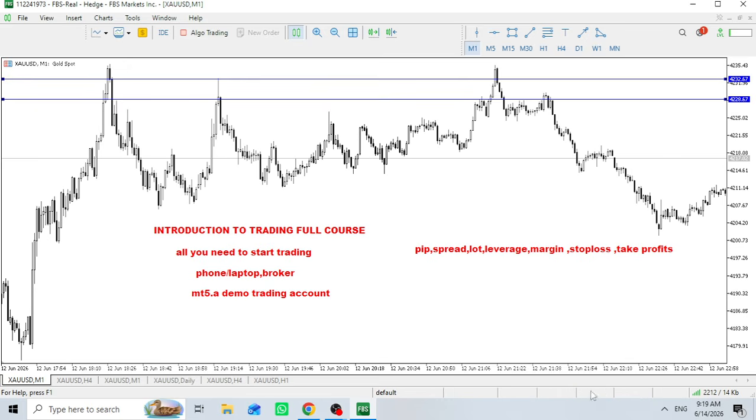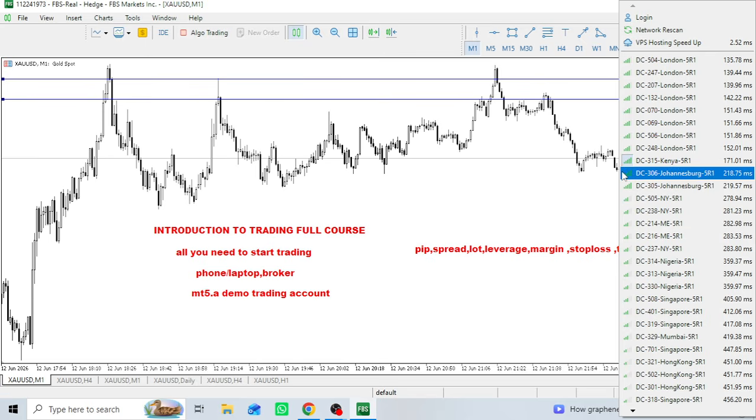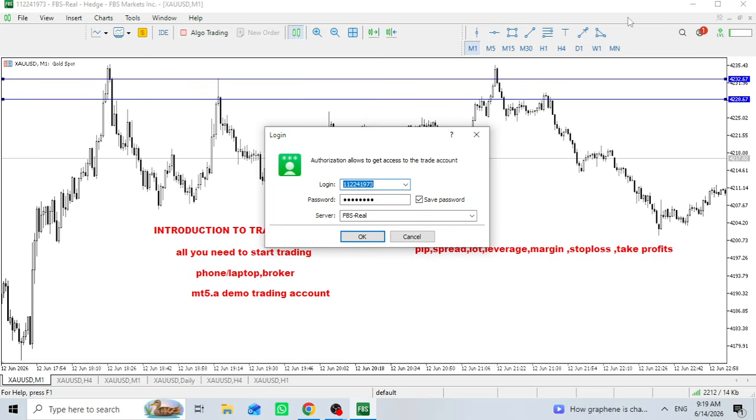Here, you will see something. You will come here and click login. There, you put your trading account and your password.